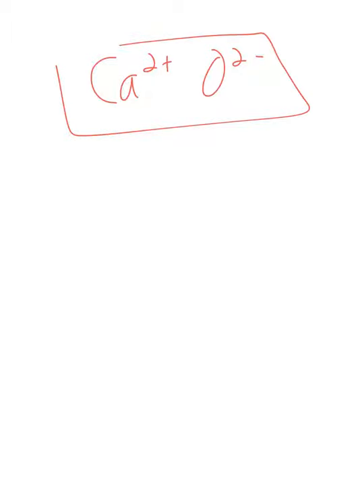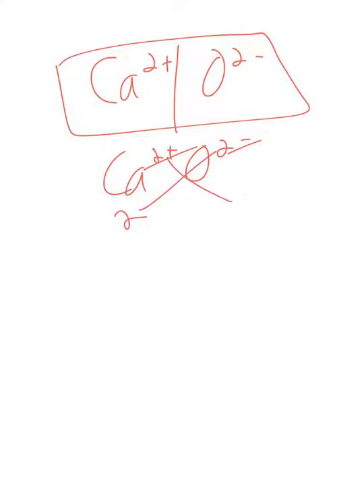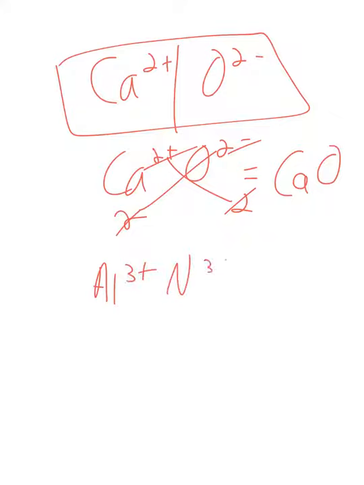Okay, so crisscross reduce. So remember when we had Ca2 plus and O2 minus, it would look like this. It would match right away, so we wouldn't say Ca2O2. What we would do instead is just cancel these out. Now you could either do it up here, or you could go ahead and do the 2's and then realize that's not the simplest. So the simplest thing here would be CaO. So same thing, if I have Al3 plus and I have N3 minus, these would have matched.